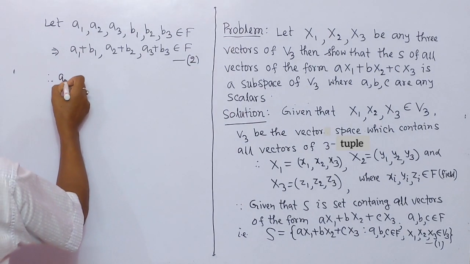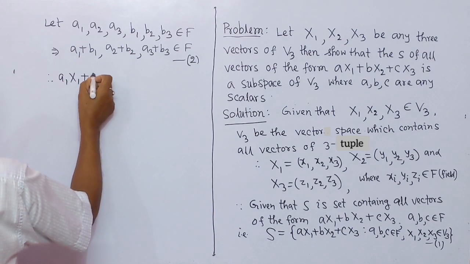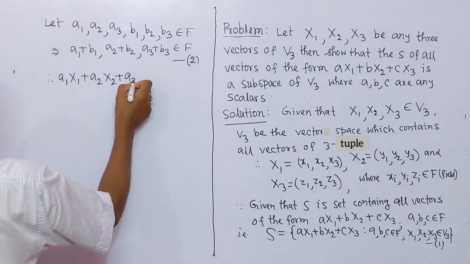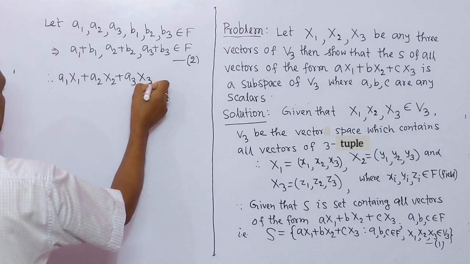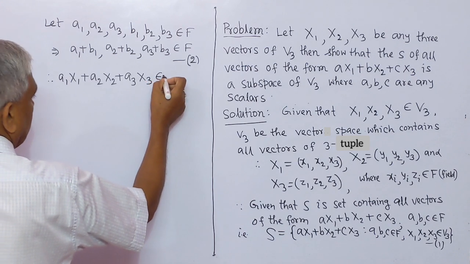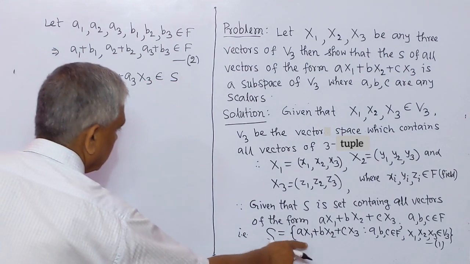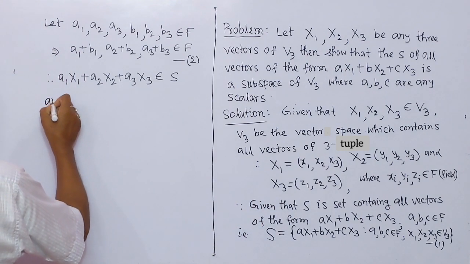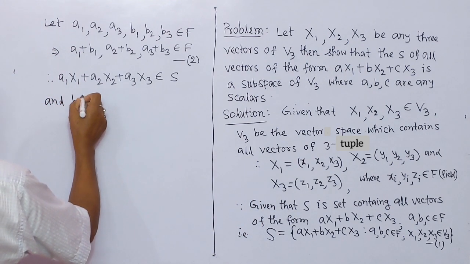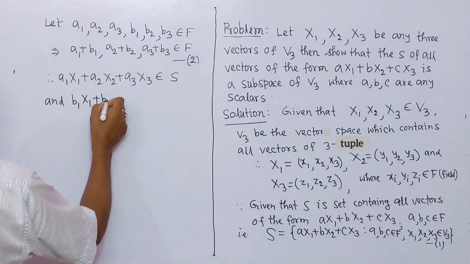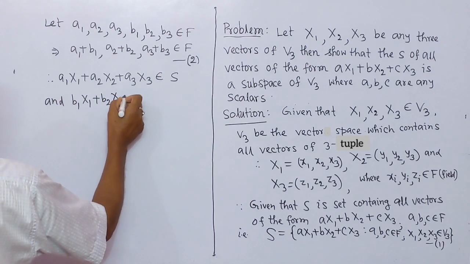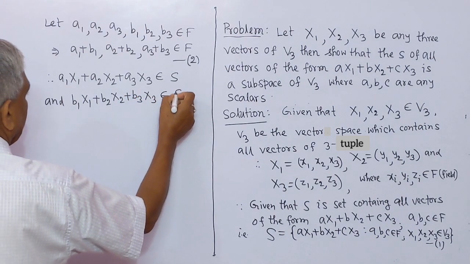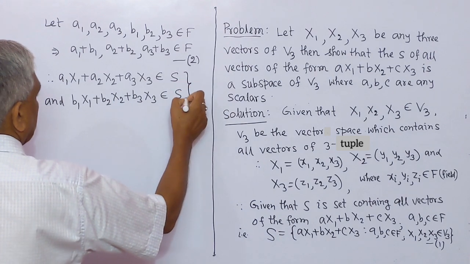Therefore, A1 x1 plus A2 x2 plus A3 x3 belongs to S, and B1 x1 plus B2 x2 plus B3 x3 belongs to S. This is number 3.